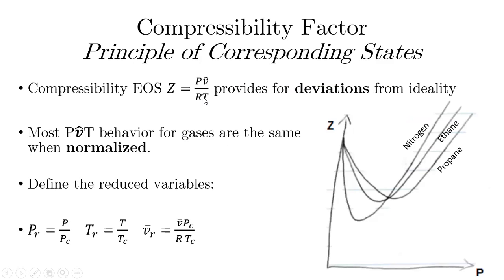Another one is if I take PV over RT, that thing is equal to 1 for an ideal gas. If I instead say it's going to look equal to Z, okay, and Z is some number. If I plot it for some substance, let's say for nitrogen, when pressure is fairly low, for all of them, it's going to converge at around 1, which makes sense.